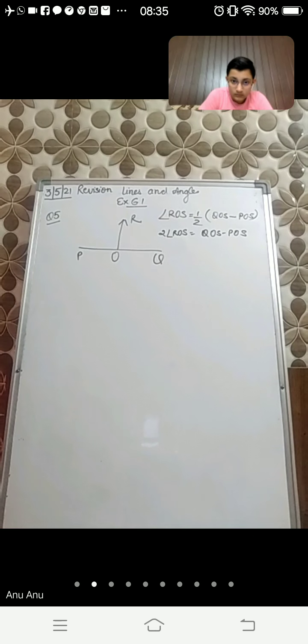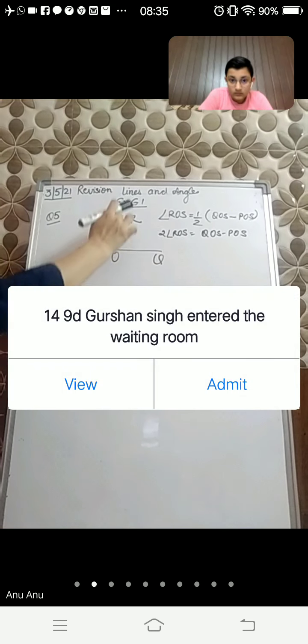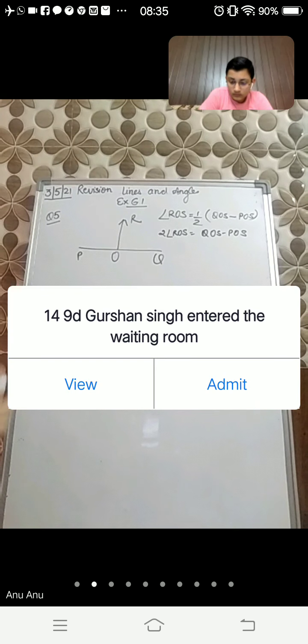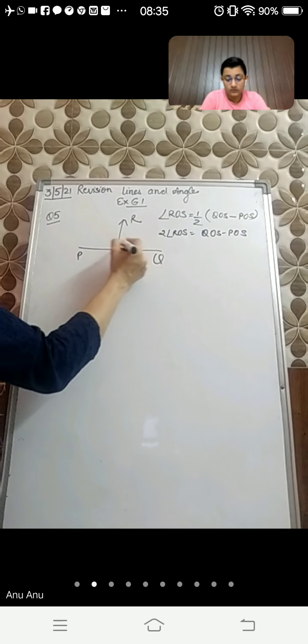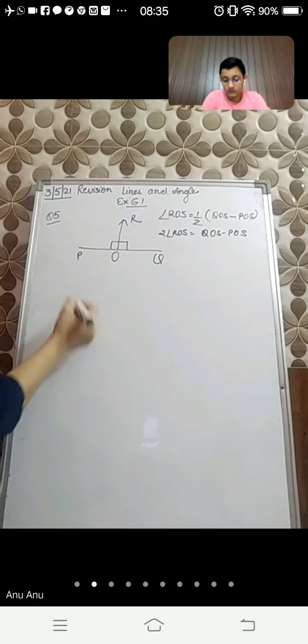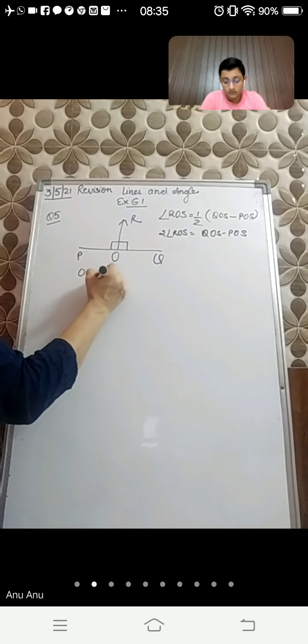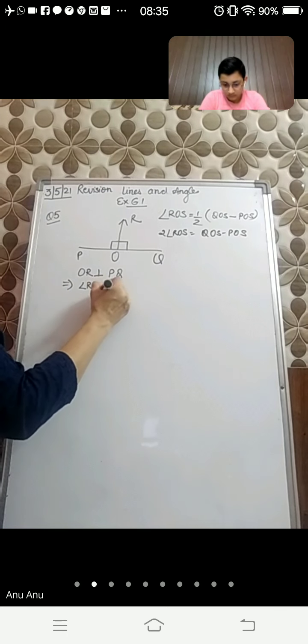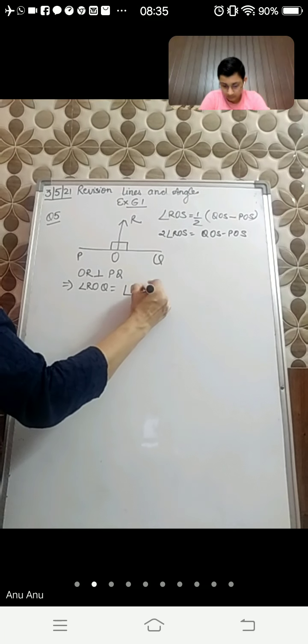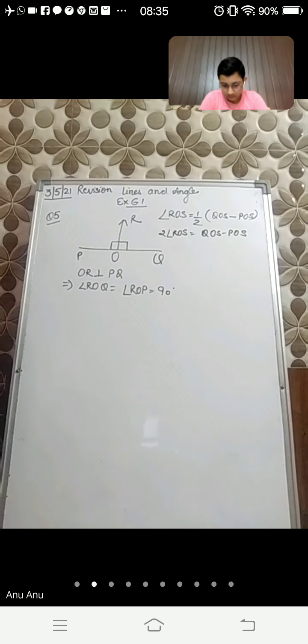Now beta, you are given this ray which is perpendicular on the base POQ. So this angle will be 90 and this angle is also 90. So firstly you will write OR is perpendicular on PQ. This implies ROQ is equal to ROP is equal to 90, because both the angles are 90, the line is perpendicular.